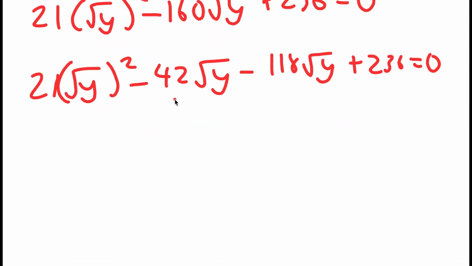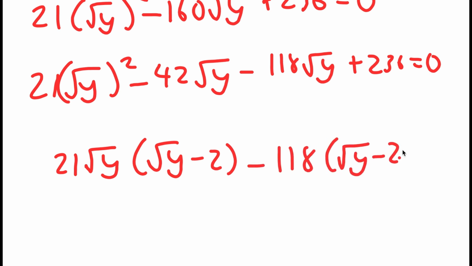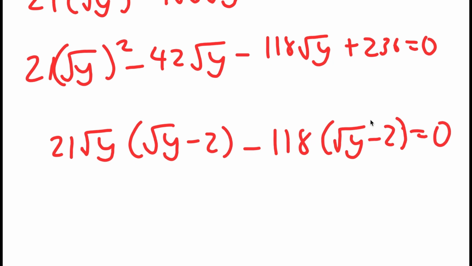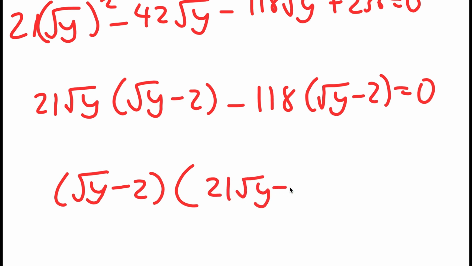And what I can actually do with this is factor this out. So from my left-hand side, I'm going to factor out 21 root y. So I get 21 root y times the square root of y minus 2 minus 118 times the square root of y minus 2 is equal to 0. And if I factor out the square root of y minus 2 from this, I get the square root of y minus 2 times 21 root y minus 118 is equal to 0.